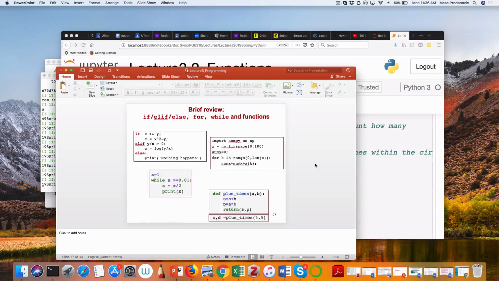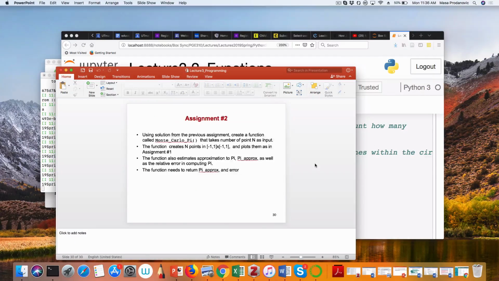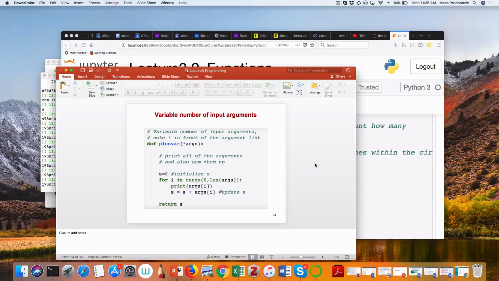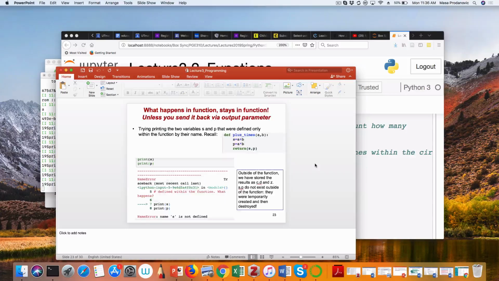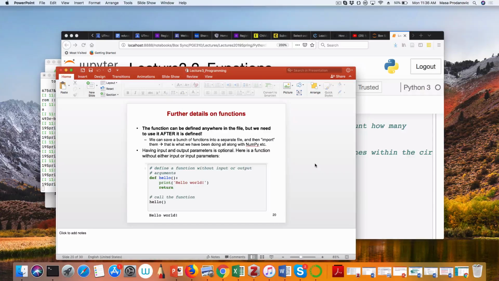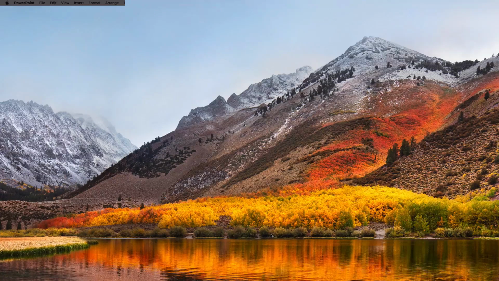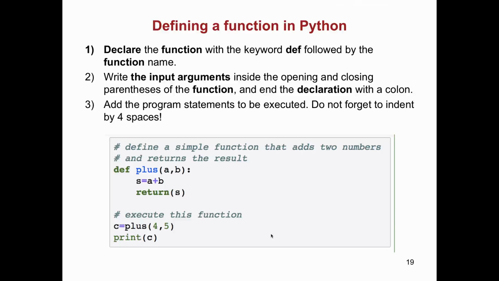Just a quick review of what you need to do for functions. You have to use def as a keyword to declare a function. Then you give it a name.